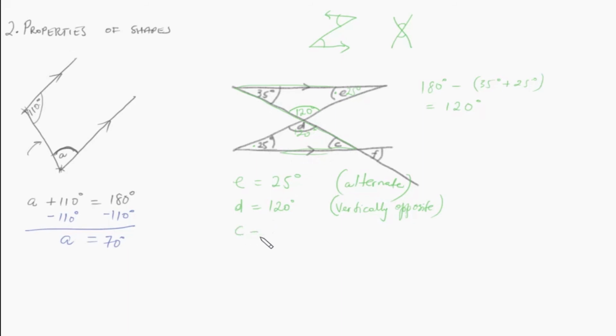So C is equal to 35 degrees. Reason, alternate angles. Then F is also 35 degrees because they are vertically opposite with C.